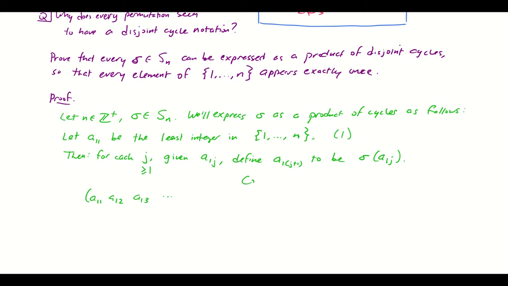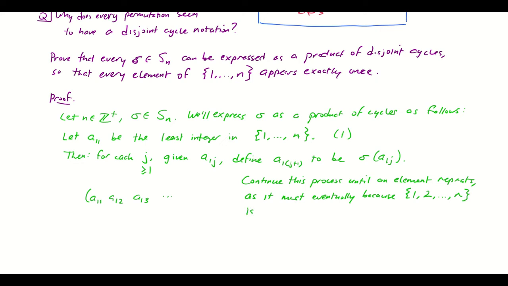So we're going to continue this process until an element repeats, as it must eventually. Well, why must we eventually repeat something? That's because the set that we're pulling from here is finite. We can't go on forever and never have a repeat.